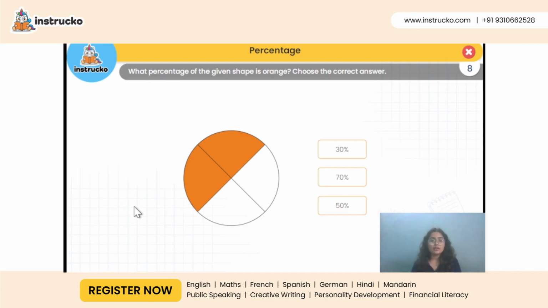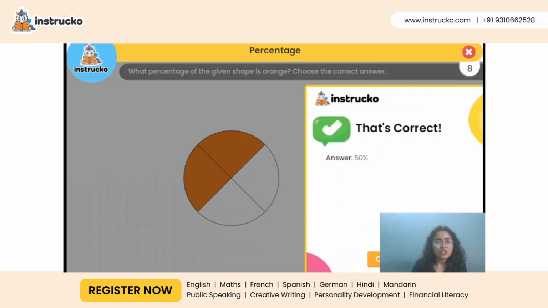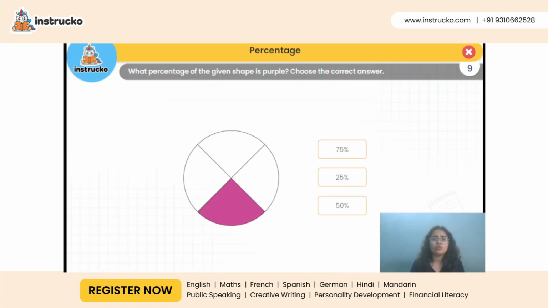When I say 100 boxes, half of those 100 boxes will be 50 boxes, right? So that will be 50%. Basically, half of anything implies 50%. So half of this circle will also imply 50%. Right, correct. That is also a correct answer. Let's go. Now this one.